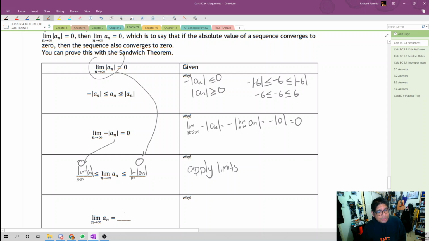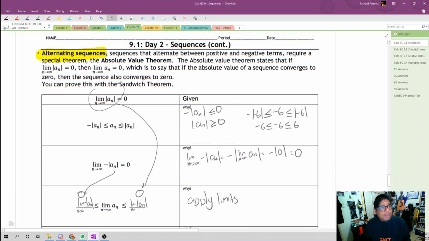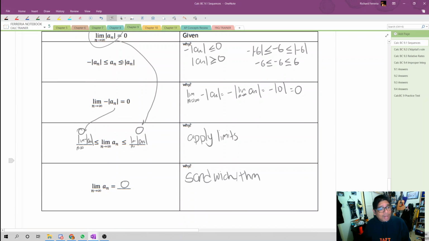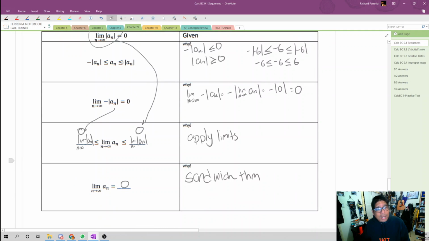And then by the sandwich theorem, we show that the limit of a n is also equal to 0. So there's our sandwich theorem. Going to prove this absolute value theorem for alternating sequences.